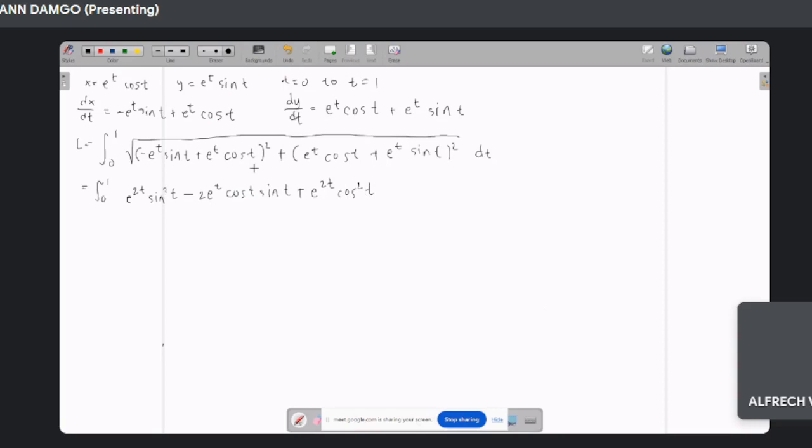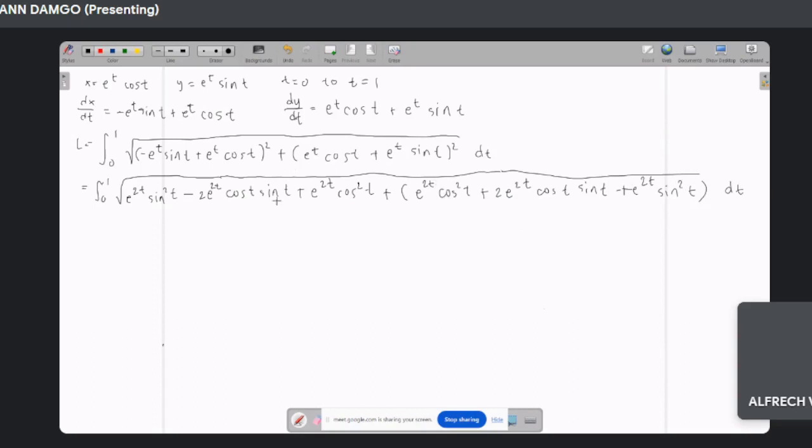So, para pa ni siya sa first ha. Next, we have e to the 2t cosine squared t plus 2e to the 2t cosine t sine t plus e to the 2t sine squared t. Okay? So, square root, dt.